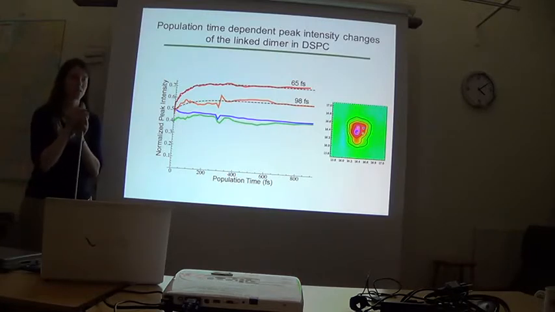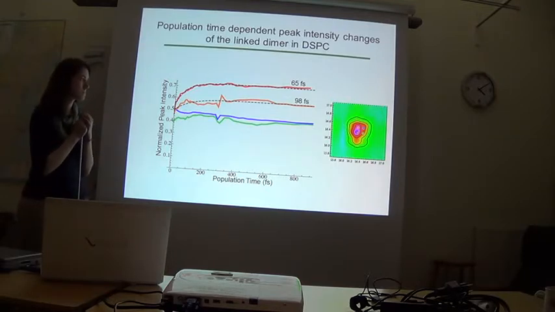Yes. If I had this data, I would attribute the upper cross peak to recovery of excited state absorption. And then you still have a little bit of growth in the green one.